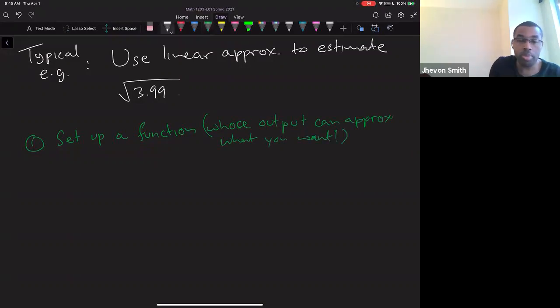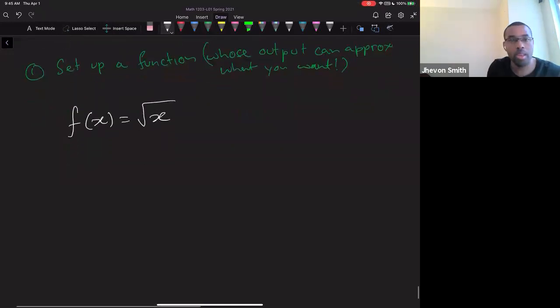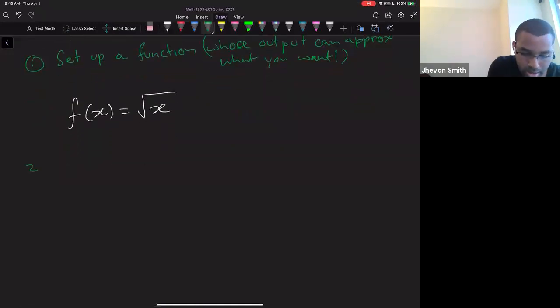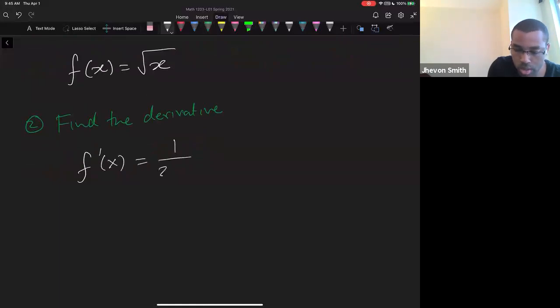Now here, you want to approximate a square root. The function might as well be the square root of x. The second thing you're going to do is find the derivative. So we know the derivative of f of x is 1 over 2 rad x.